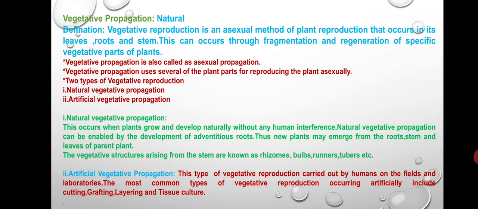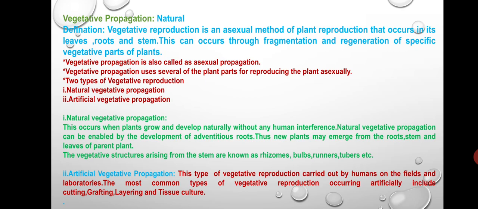Two types of vegetative reproduction. The first method is natural vegetative propagation, and another one is artificial vegetative propagation. First one is natural vegetative propagation. This occurs when plants grow and develop naturally without any human interference.